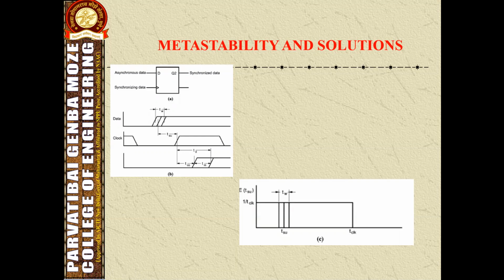Here, TD is referenced to the beginning of the trigger event, which is the positive clock edge for the sample circuit, as shown in figure B. TD thus includes the normal propagation delay TCO and extra delay due to metastability TM.